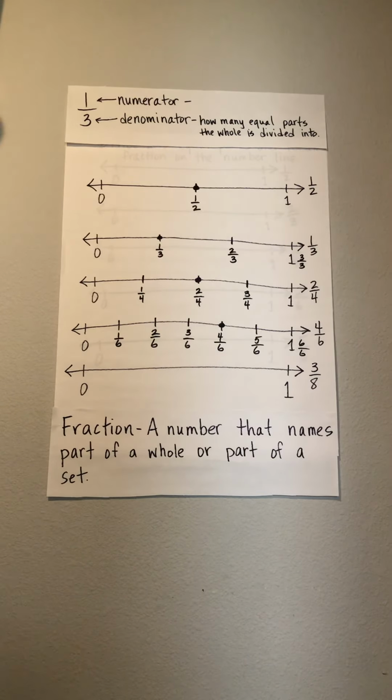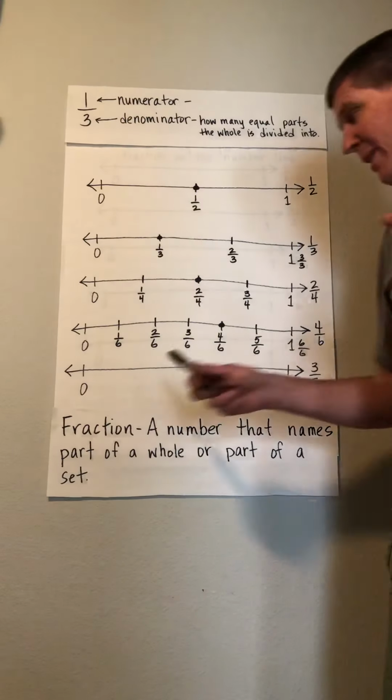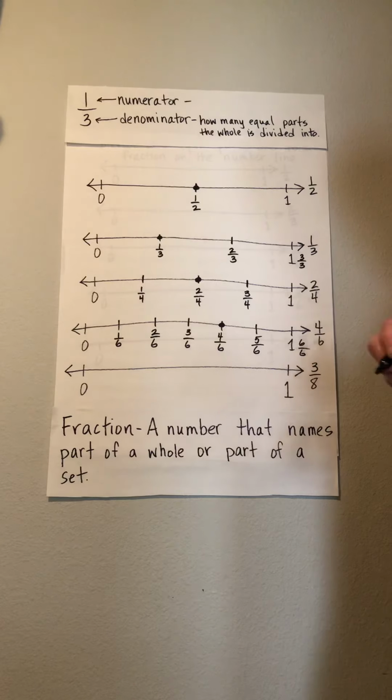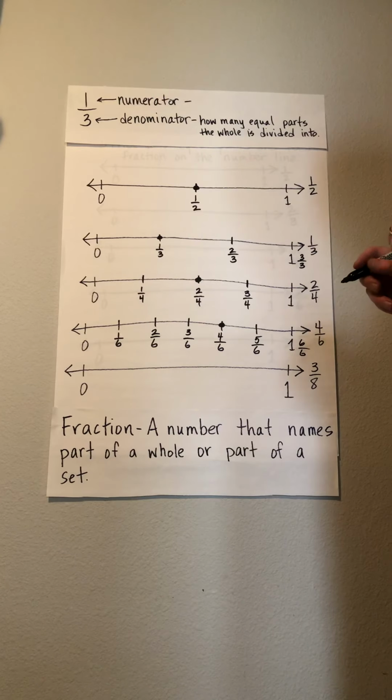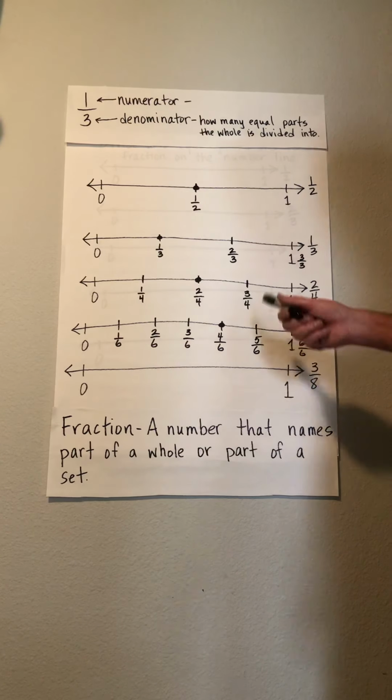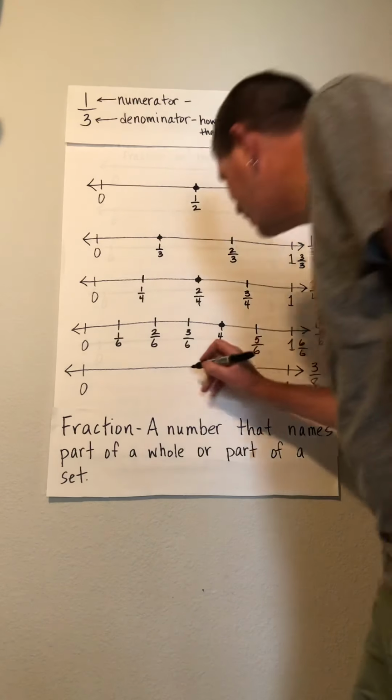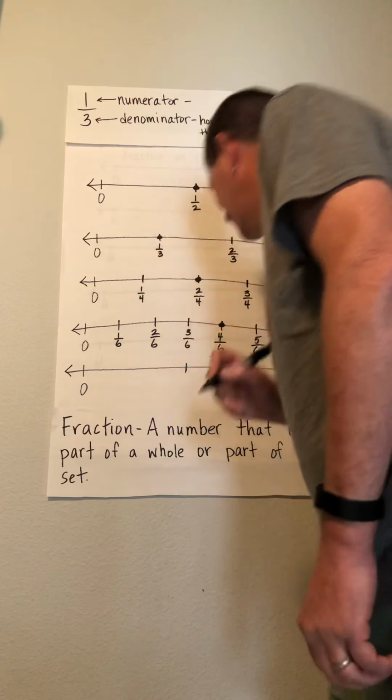Okay, last one. 1/8. Okay, so I'm going to make 8 equal sections, and that means 7 marks. So again, like the problem we just did, I'm going to find the middle.